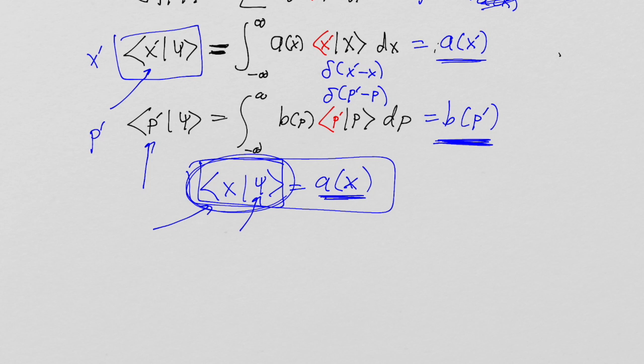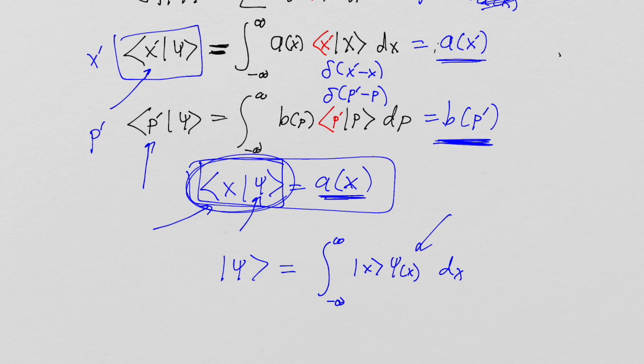this is our connection between wave functions and the Dirac formalism. The way that connection is drawn is you write psi equals the integral from minus infinity to infinity of the ket x dx, and then here you put in the wave function, psi of x.